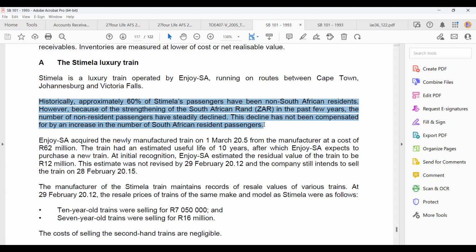So the two journal entries we had were depreciation, and the second one was impairment. And the question specifically told us to also include deferred tax. We also did the deferred tax yesterday. So that is basically what we dealt with.